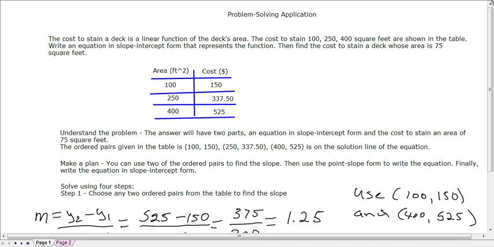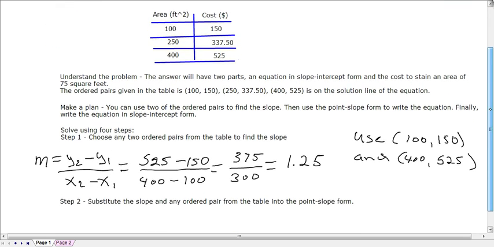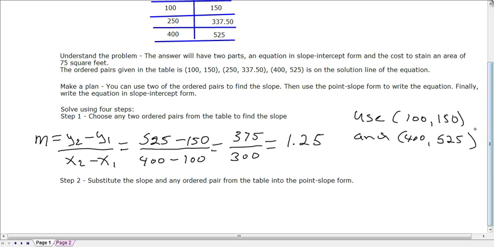Okay, let's go ahead and continue with our problem solving application. As you know, when we were looking at the cost for staining this deck, we had to first find our slope, with the ordered pairs given in our table.